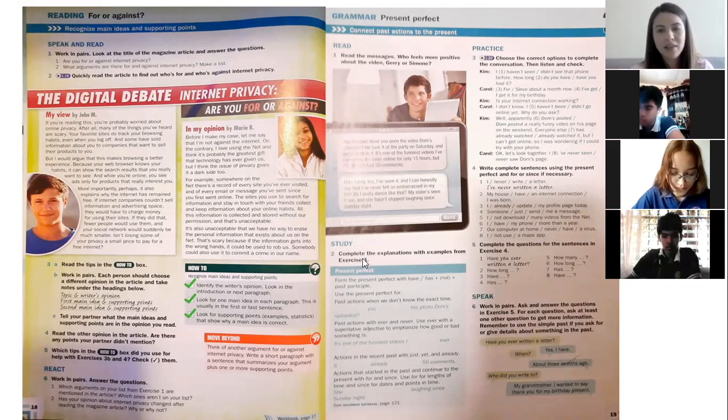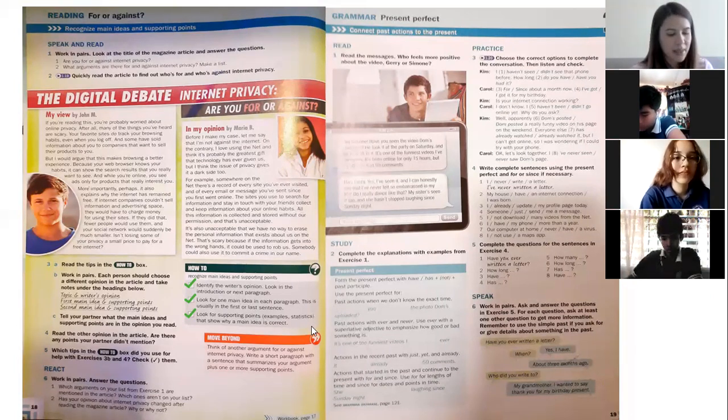Okay, now let's study. Let's complete the explanation with examples from exercise 1. It is about the present perfect: have or has plus past participle. Use the present perfect for a past action when we don't know the exact time. For example, the photo of Dumps Unplugged. How do we start here with a question?